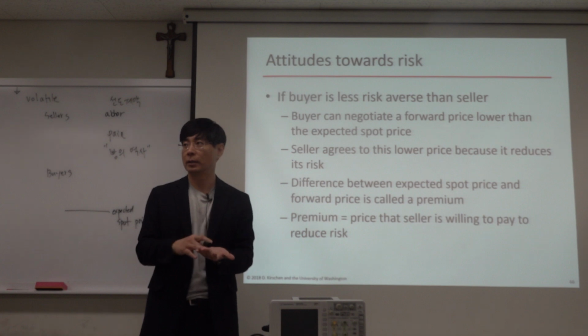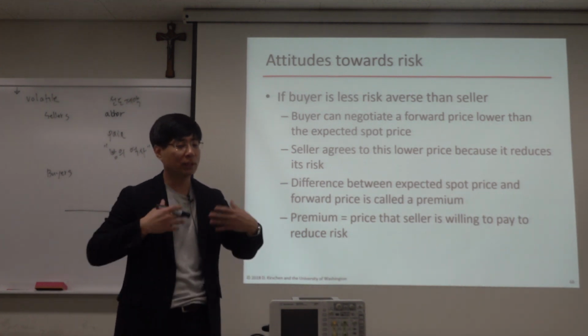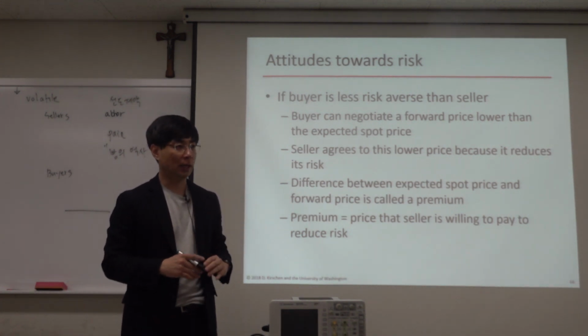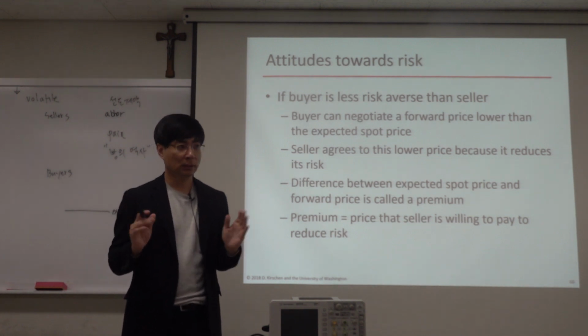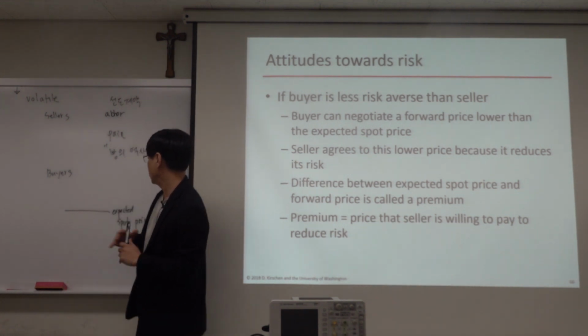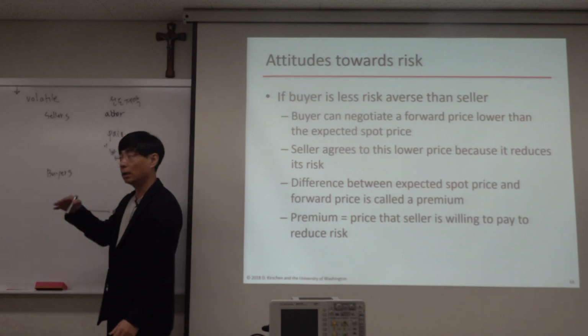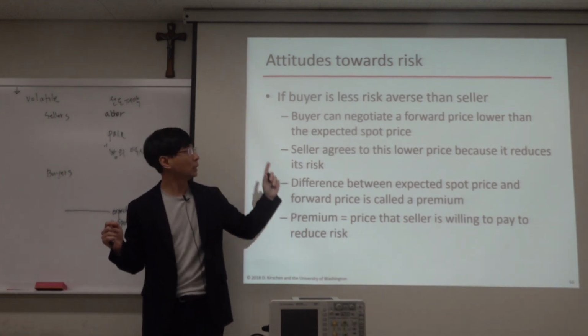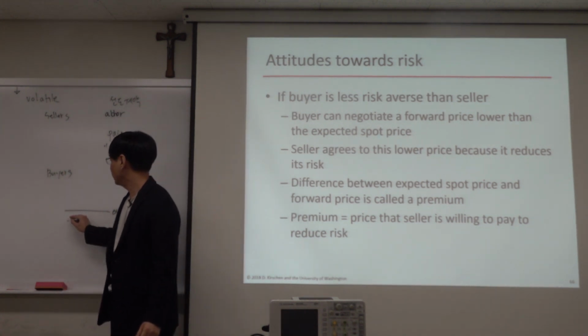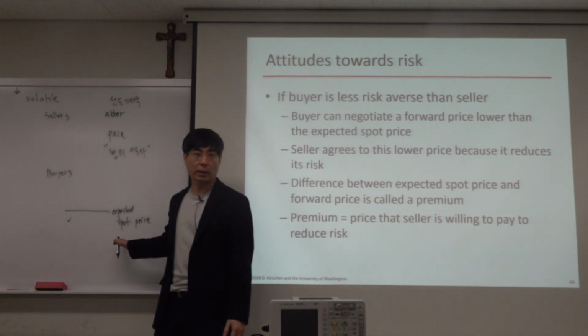Do you see what I'm saying? I'm a seller. Anyway, I want to sell it at a lower price. I'm risk averse. Okay, so even though this is the expected spot price and the seller is risk averse, the buyer is less risk averse, then maybe the price is below the expected spot price.